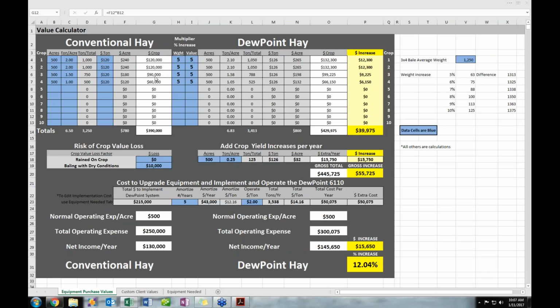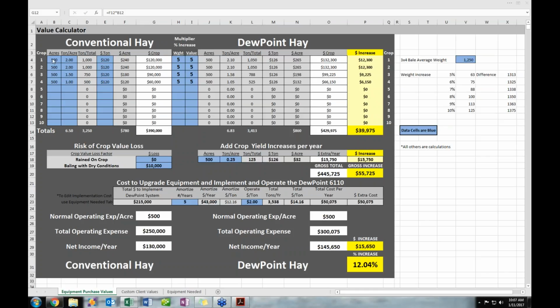If you look really closely at this sheet, you can see how it's been divided up into two different sections. You have conventional hay and you have dew point hay, with a bottom line increase right here in the bottom right hand corner.